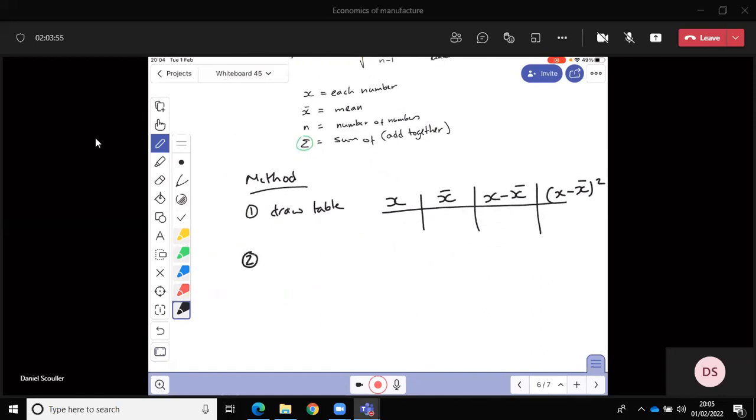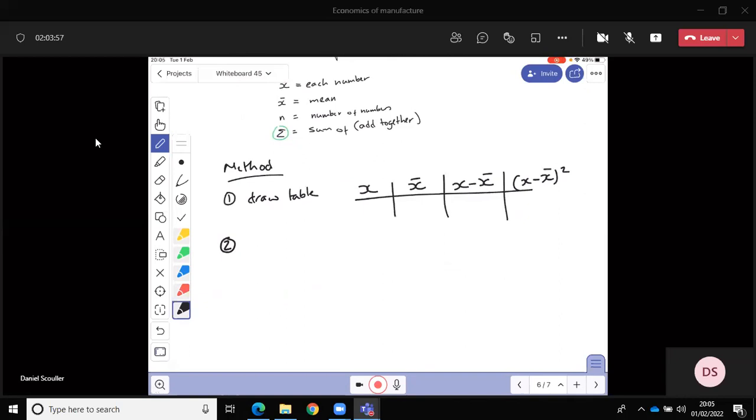So you're going to get given a bunch of data, and you're going to put those numbers in the x column. Then total that column.